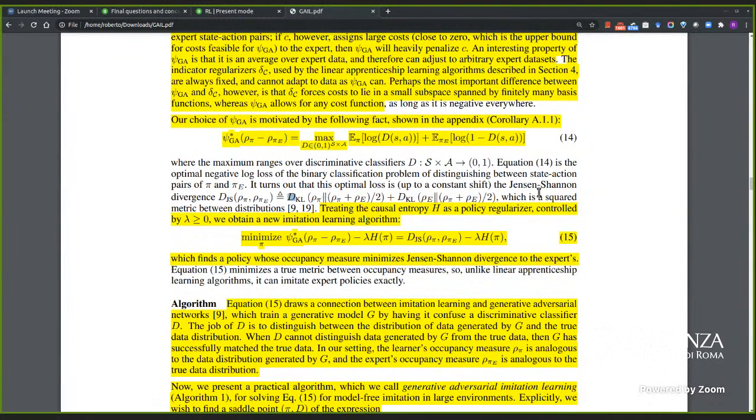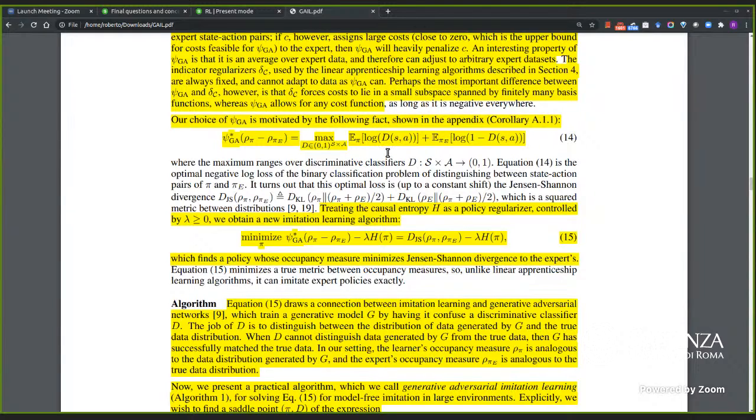Okay, so now this is defined in terms of equation 14, so we can look at the detail of this. Equation 14 is the optimal negative log loss of the binary classification problem of distinguishing between state action pairs of pi and pi e. Here we're doing an optimization over D, which is our discriminative classifier.